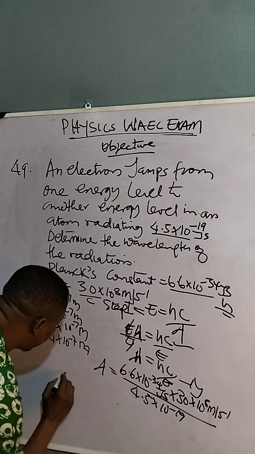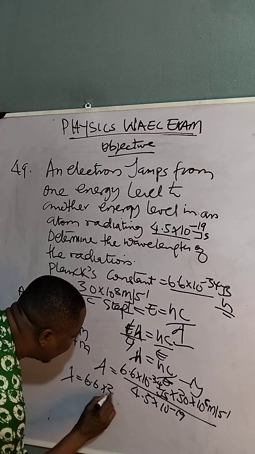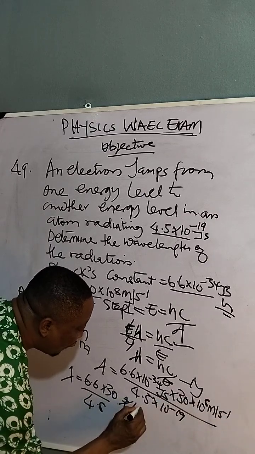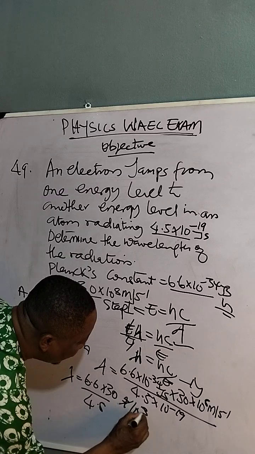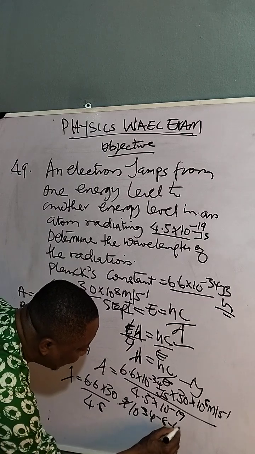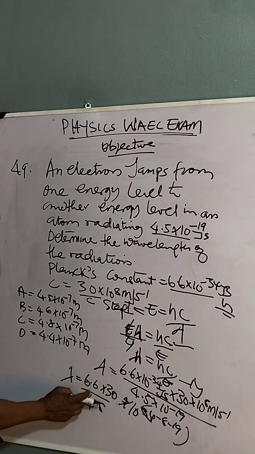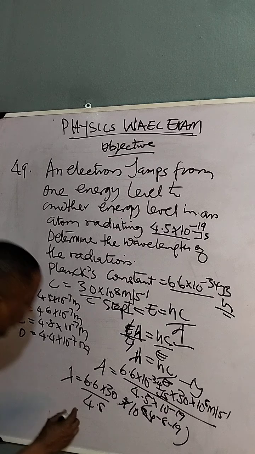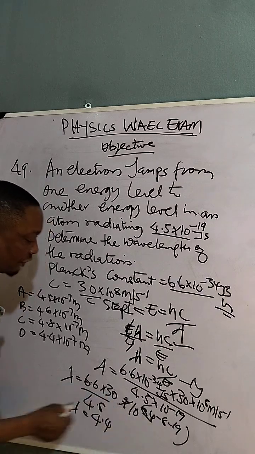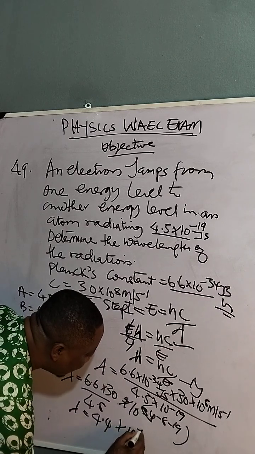So wavelength equals 6.6 times 30 all over 4.5, then times 10 raised to the power 34, minus 8, minus 19. 6.6 times 30 divided by 4.5 gives 4.4. So wavelength equals 4.4 times 10 raised to the power 34 minus 8 minus 19, which gives times 10 raised to the power minus 7 meter.